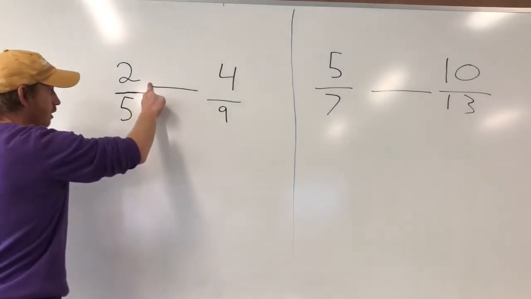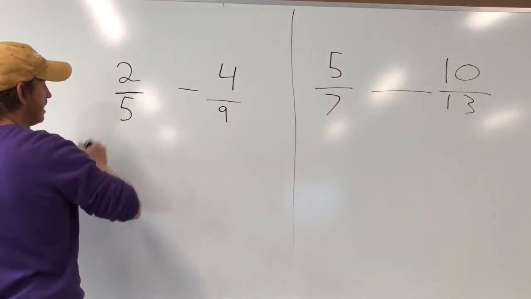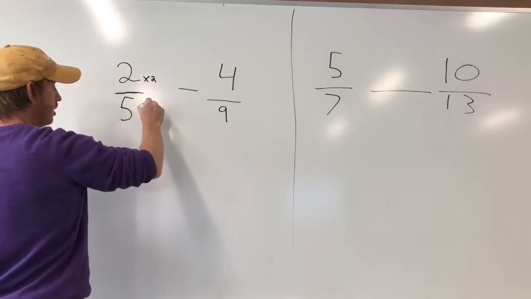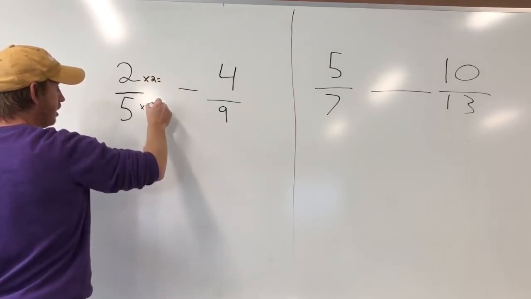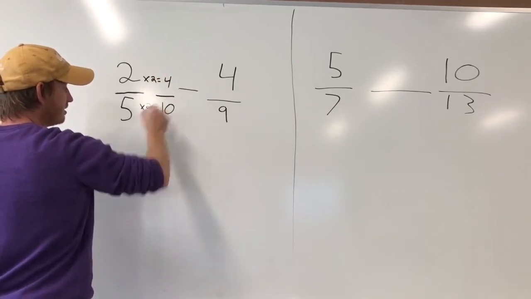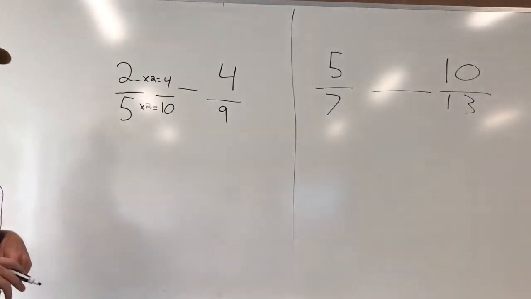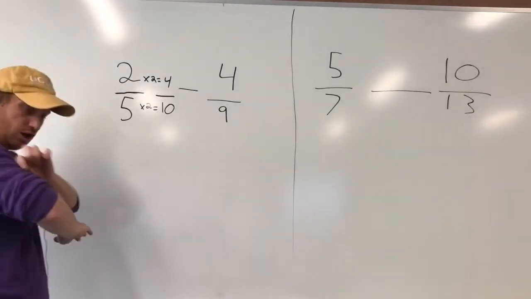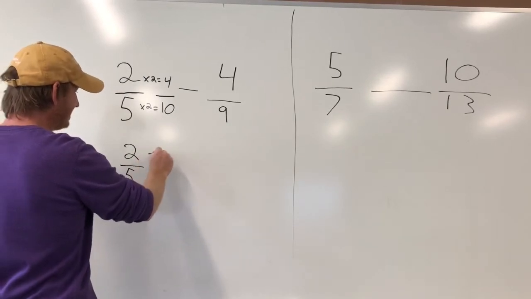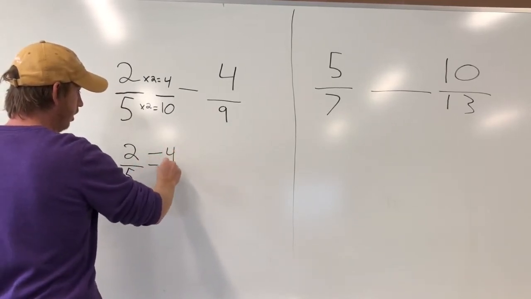Well, what if I times both sides by 2? That would equal 4 over 10. So that means that we know that 2 over 5 is equal to 4 over 10.